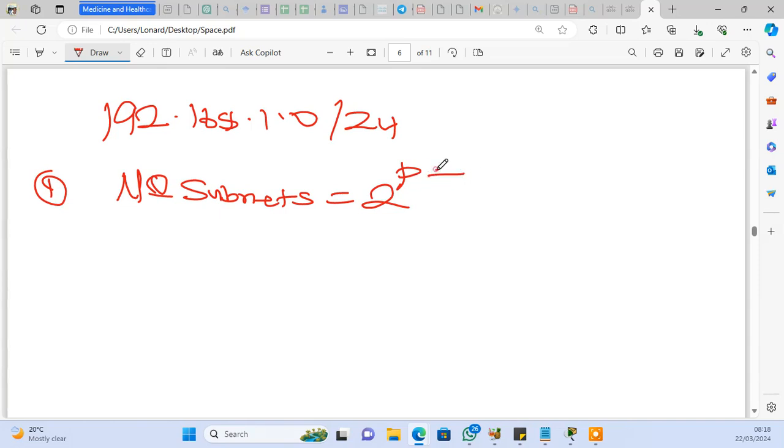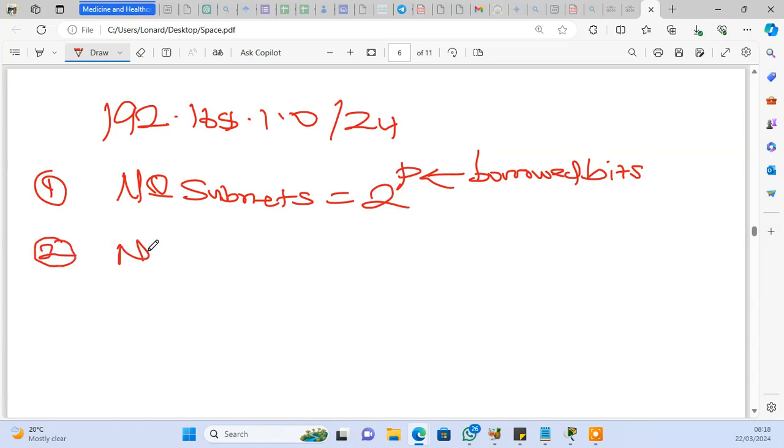This p here represents the number of borrowed bits. Then we have the second one.